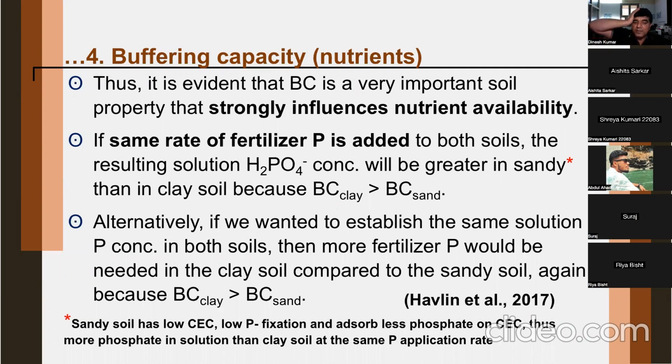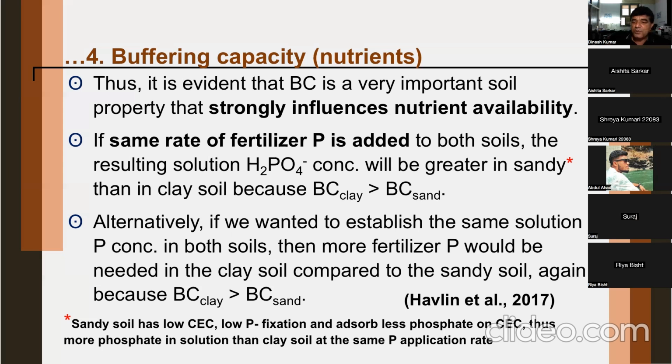Low cation exchange capacity, it will also have low P fixation capacity and absorb less phosphate. Thus, more phosphate in soil solution than clay soil at the same P application rate. So application rate is the same, because your clay soil will have more retention of phosphorus on exchangeable sites.